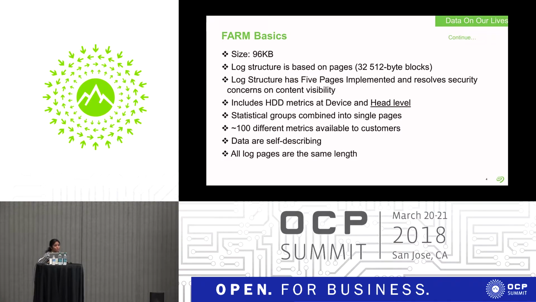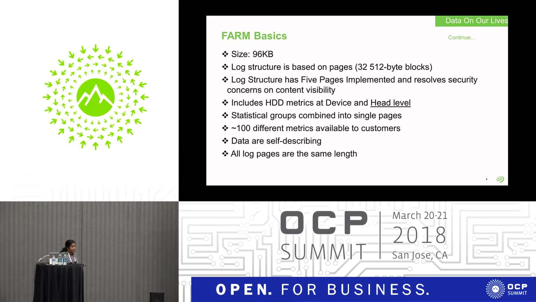I want to go through a few details on FARM logs. It is a 96 kilobyte file that you get when you command the drive to provide FARM information. It's divided into 5 pages, and it resolves security concerns that hyperscalers have on visibility of data.